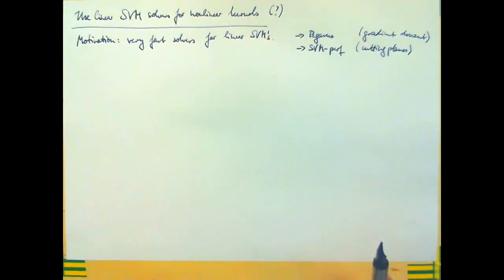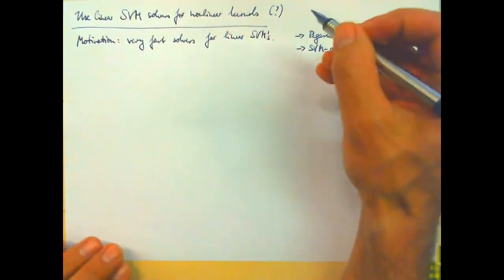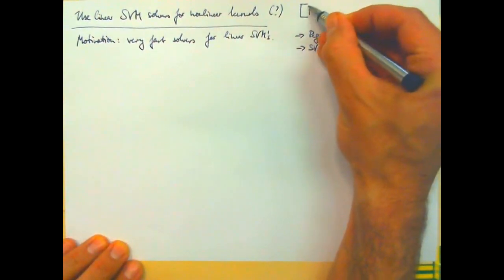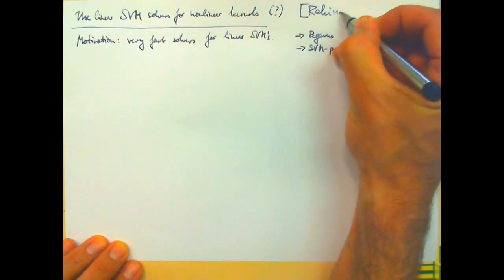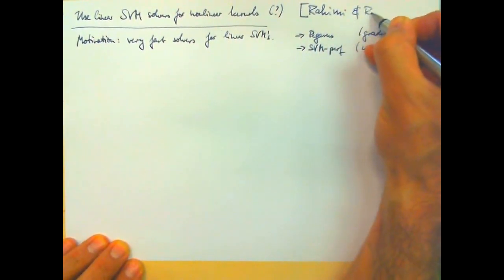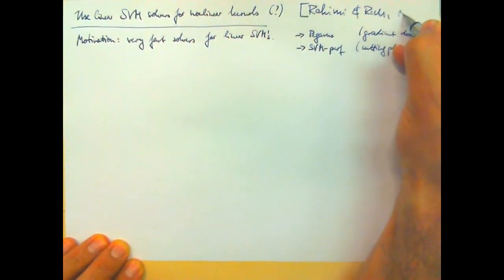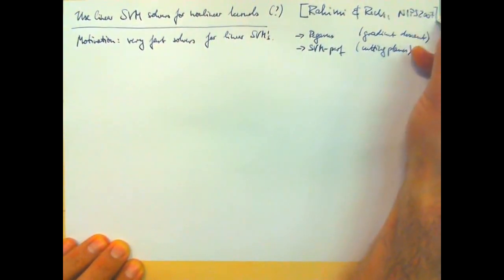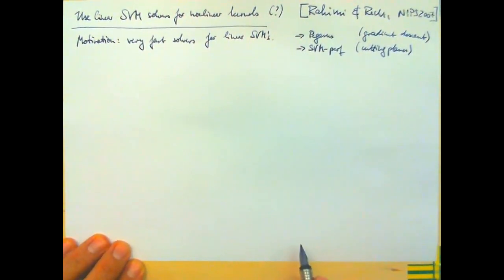Now, I'm referring to a paper in this entire part of the lecture from Rahimi and Recht, which came out at NIPS 2007. And these authors propose to approximately explicitly map the points to higher dimensions instead of using the kernel.